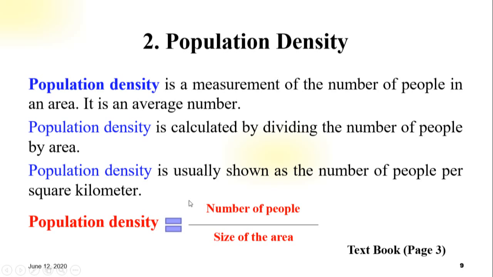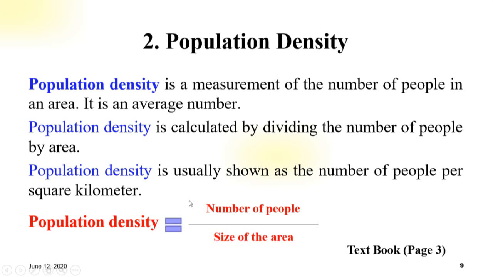Population density is calculated by dividing the number of people by area. Population density is usually shown as the number of people per square kilometer. About this point, I will have an example in the next slide.